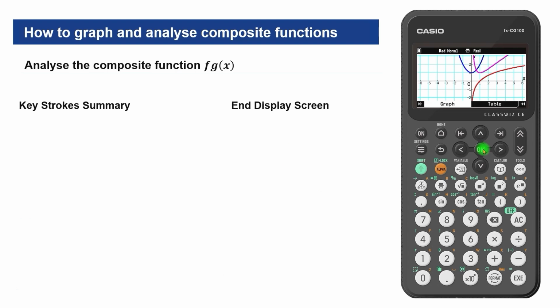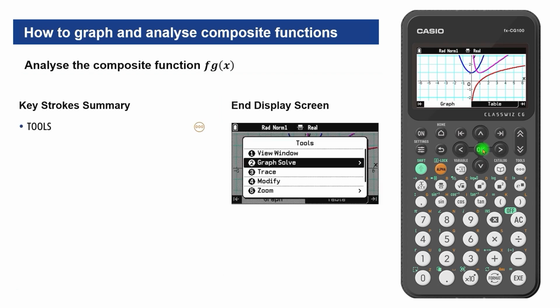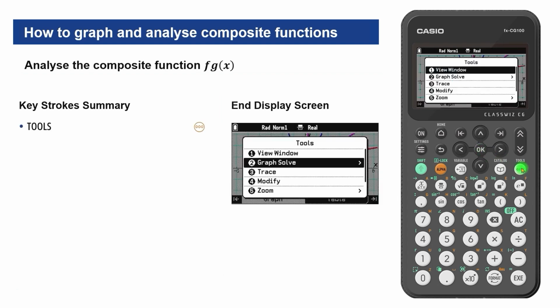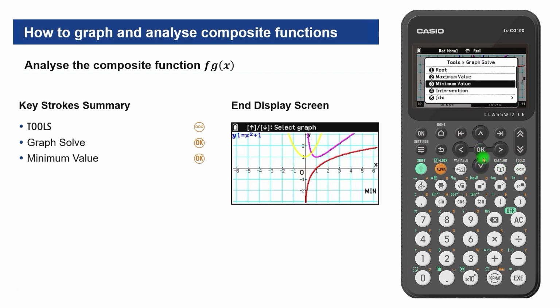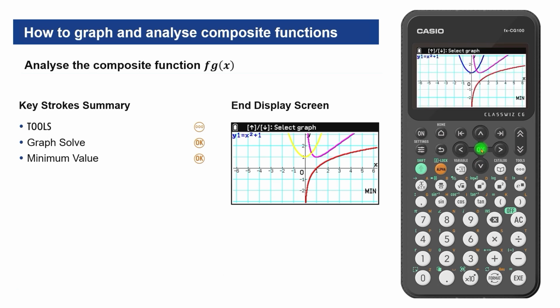To help determine domain and range of composite functions, graphical analysis can now be performed. Press Tools to open the pop-up and select Graph Solve. To investigate the range of the composite function, select Minimum Value. As more than one function has been drawn, scroll down until the composite is flashing.